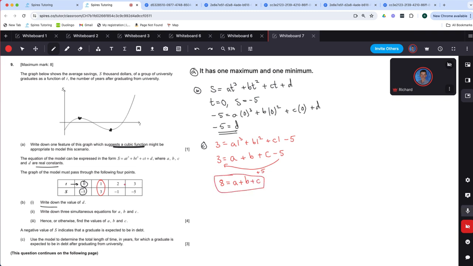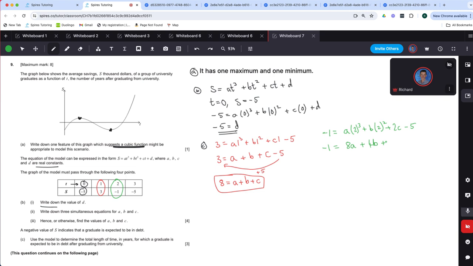And I'm going to do exactly the same thing with this one, in a different color now. So we've got S is -1 and T is now 2. So A times 2 cubed plus B times 2 squared plus C times 2, and then again my -5. So 2 cubed, we can just put that in the calculator, it's going to give me 8. 2 squared is going to give me 4. 2 times 2 is 4.